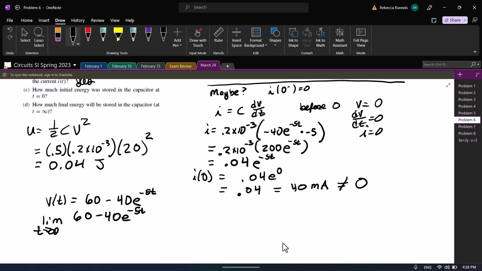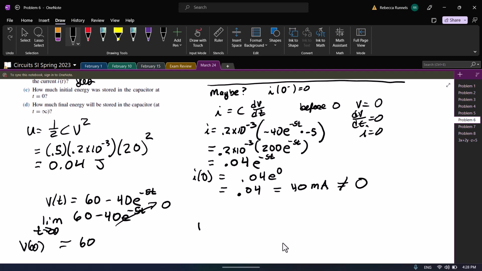Something raised to a negative infinity is 0. So if I plug in infinity here, 40 e to the negative 5 times infinity goes to 0. So that gets me 60. So V at infinity is 60.